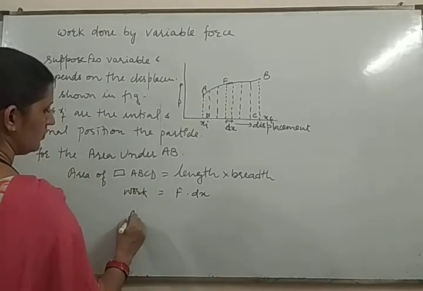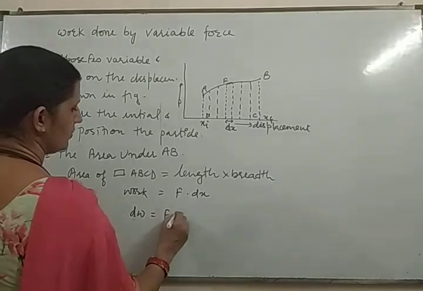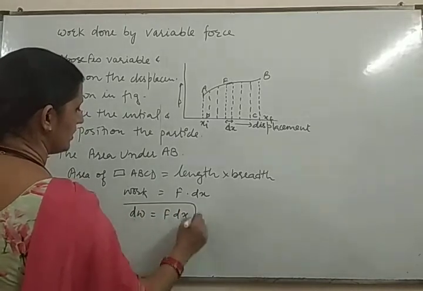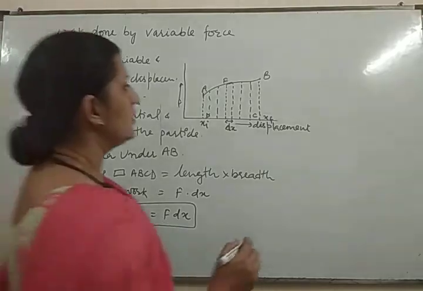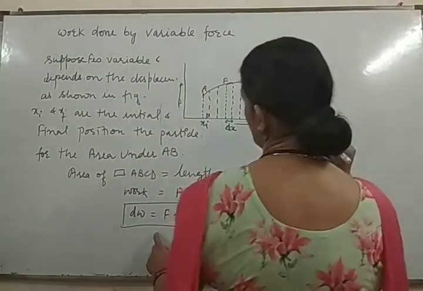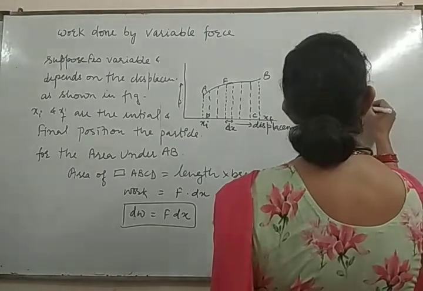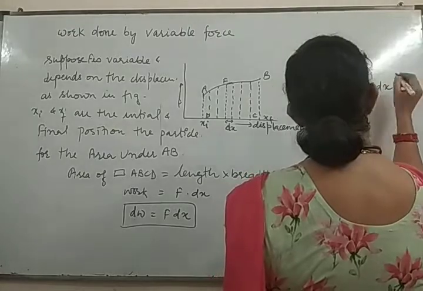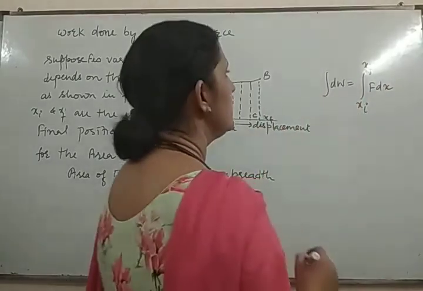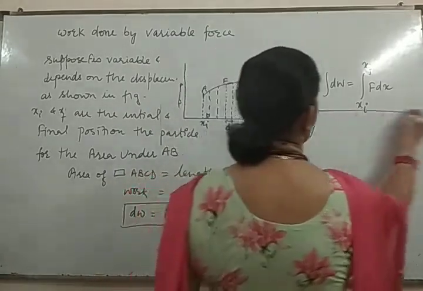Hence, the small work done, you can say dW is equal to F into dx. This is the work done by the variable force. In terms of limits, you can write it as W is equal to the integral from xi to xf of F dx.